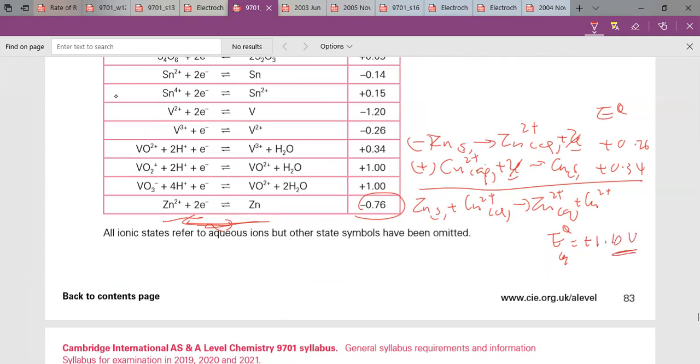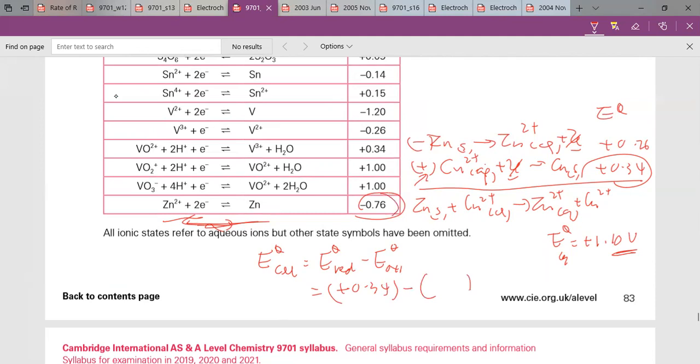1.10 volts. Now, if you use the equation E cell equals E reduction minus E oxidation, I didn't tell you the right and left now. This is better. So who's undergoing reduction? Copper. So I use the original one, plus 0.34. Who is undergoing oxidation? Zinc.